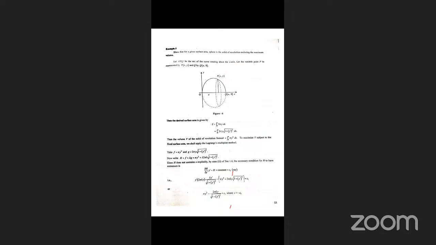Let OPQ be the arc of the curve, rotated about the x-axis. Let the variable point P be represented by (x, y) and Q by (a, 0). Q is on the x-axis, so its y coordinate should be 0.